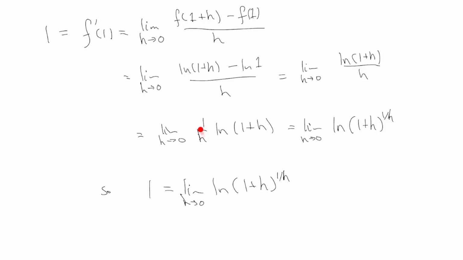So this had a 1 over h in the front, and then I did that rule about the exponent becoming a coefficient, but the other way around: the coefficient can become an exponent. Now she said, why did you do that? That's maybe a deeper question, and the answer is basically I did that because I knew that this was going to work later on. That kind of step is a weird step, and there's no real good reason why you ought to do that, but it turns out to work in what we're trying to demonstrate here.